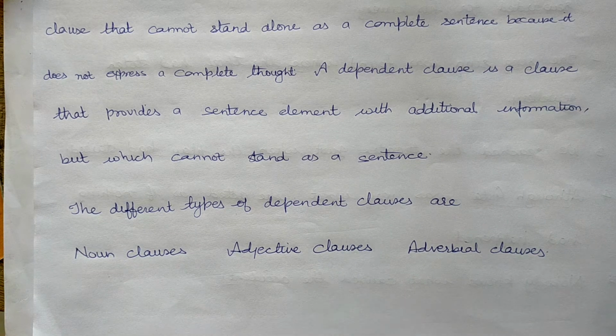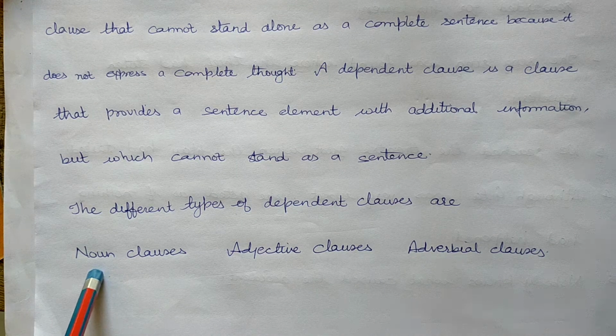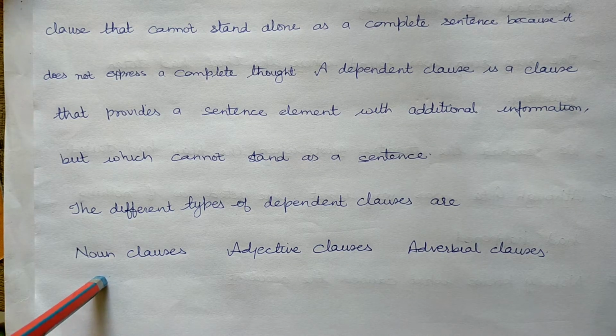If you want to go through noun clause, adjective clause and adverbial clause in detail, you should check the class that we discussed in our previous sessions related to clauses. So in this session we are discussing sentences, phrases and clauses.